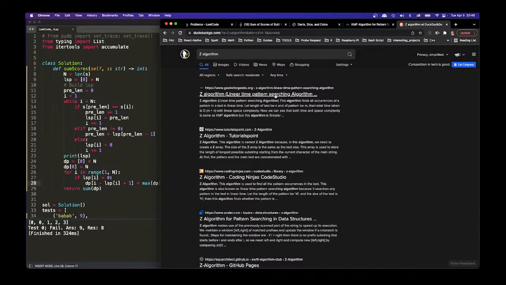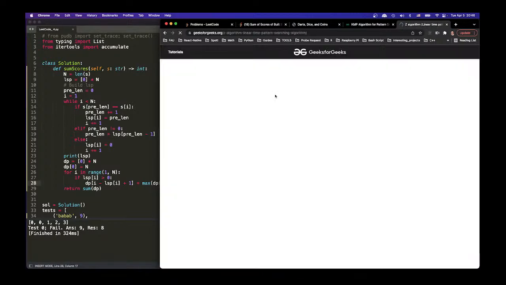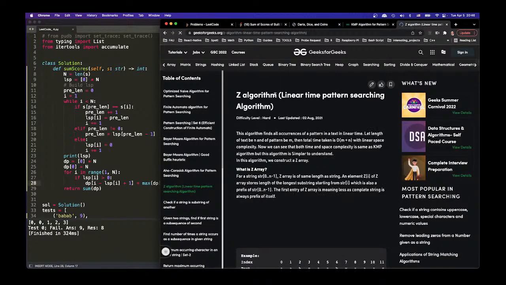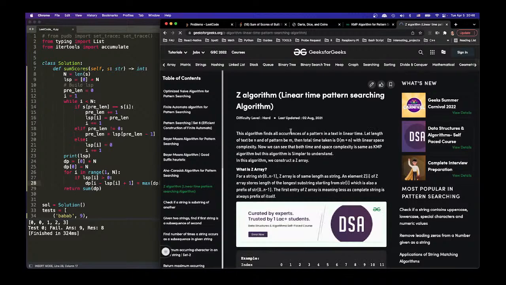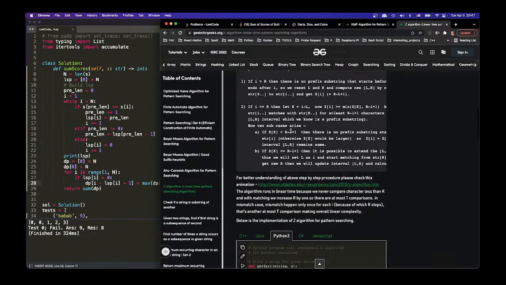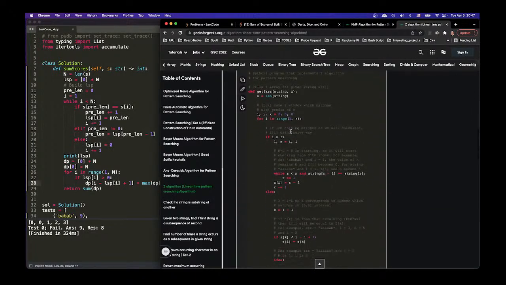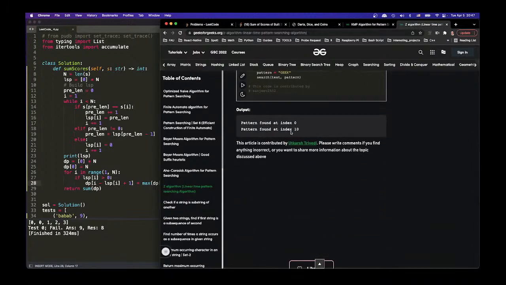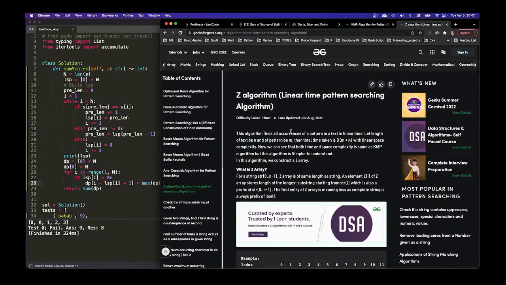Linear time pattern searching. Okay. All right, Z array. So yeah, KMP doesn't work, so we have to use something called Z. All right.